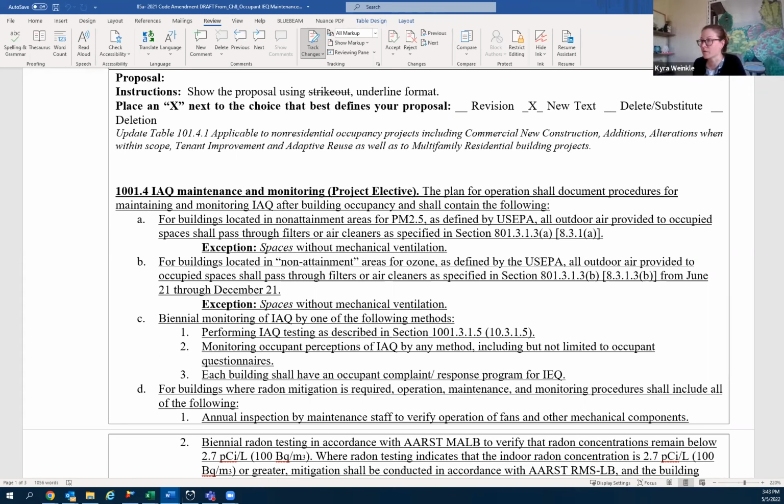It refers to section 801.3.1.3 in the current DGC for those filtration specs. Let me know if you need any deep dive into that section. Otherwise, I think this one's fairly straightforward, and that probably covers the summary.